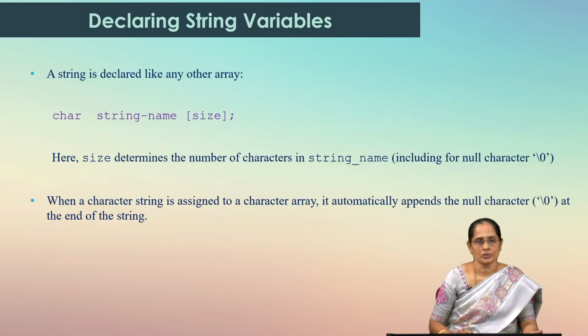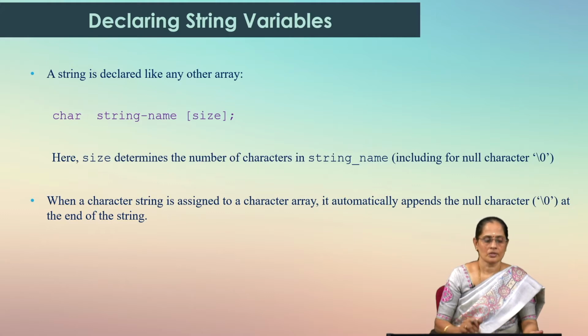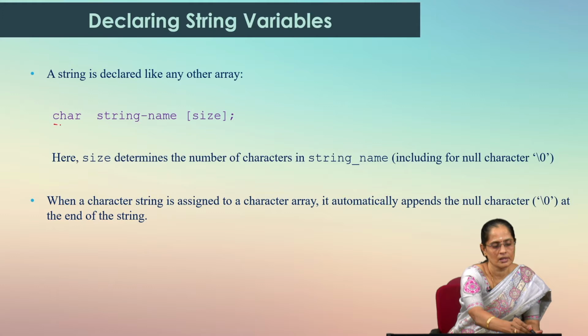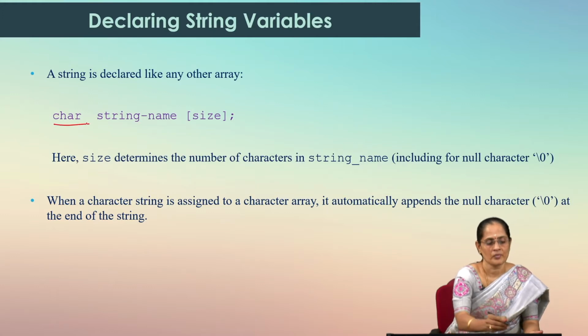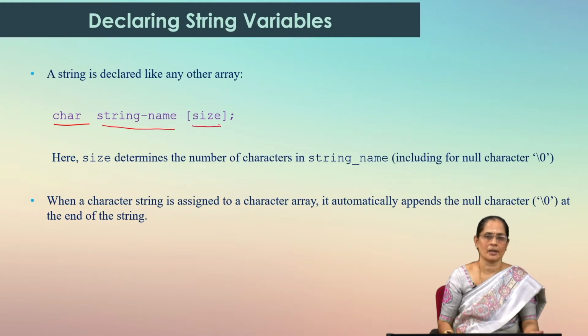So, how do we declare string variables? We know that it is a character array, so the string declaration goes the way a character array is declared. The data type should be char, followed by the user defined name, and then the size of the array.